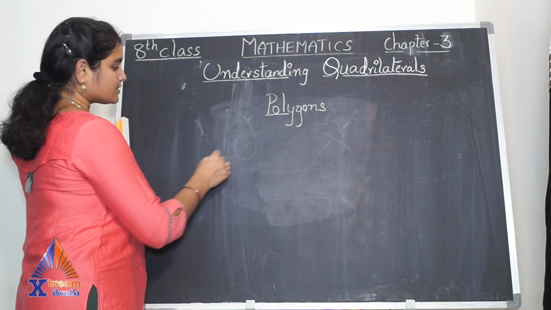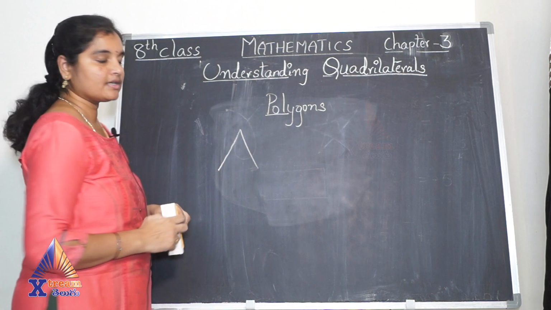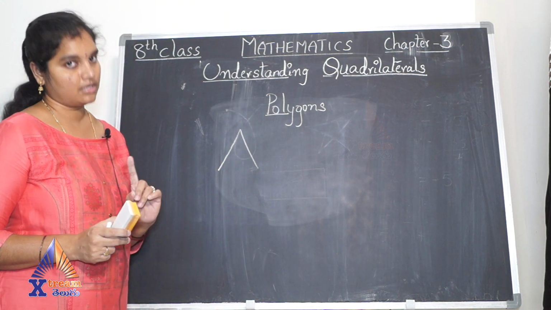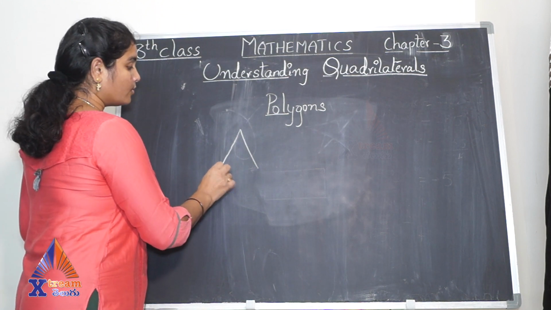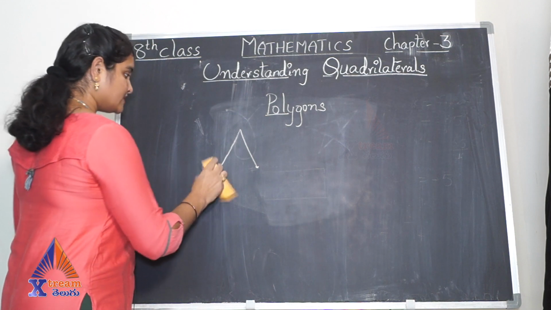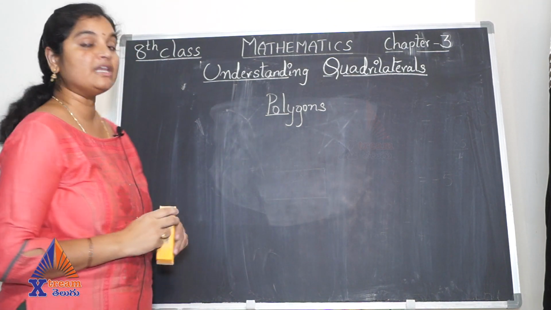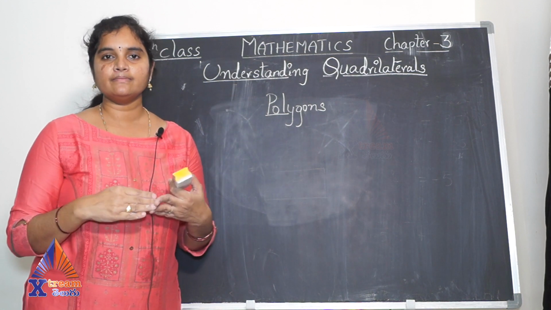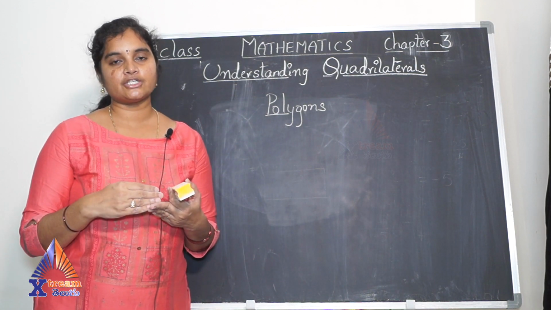If a figure has 2 sides like this, first of all, can you call it a simple closed figure? No, because it is an open figure. It is not closed yet. That's the reason a polygon should have a minimum of 3 sides. Now just imagine a 3-sided polygon. What comes to your picture?